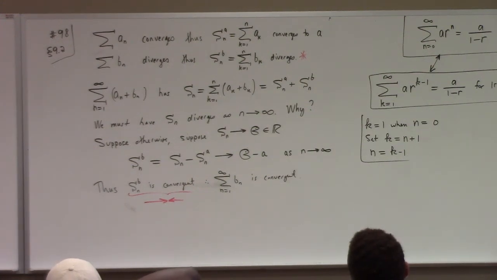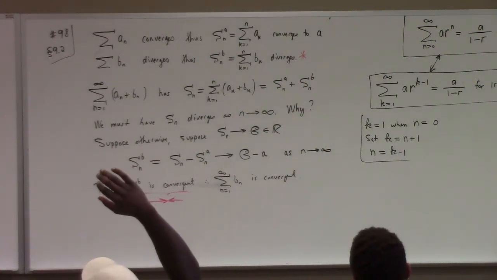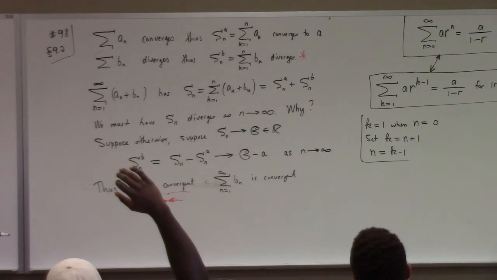So if we assume that Sn converges, we get a contradiction, which means it cannot converge, it must diverge. Every series either converges or diverges, provided it's a single series. It doesn't have an x in it, like a sneaky example earlier. That wasn't a single series. That was a family of series with a parameter x, picking out different members of the family.